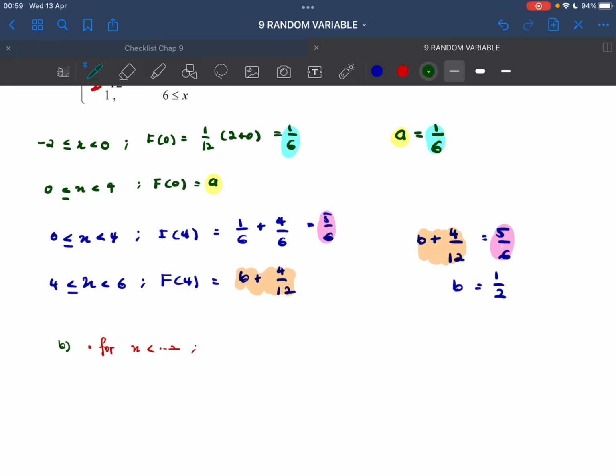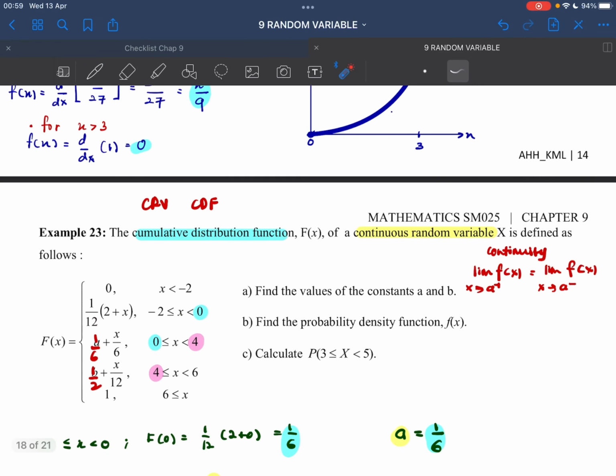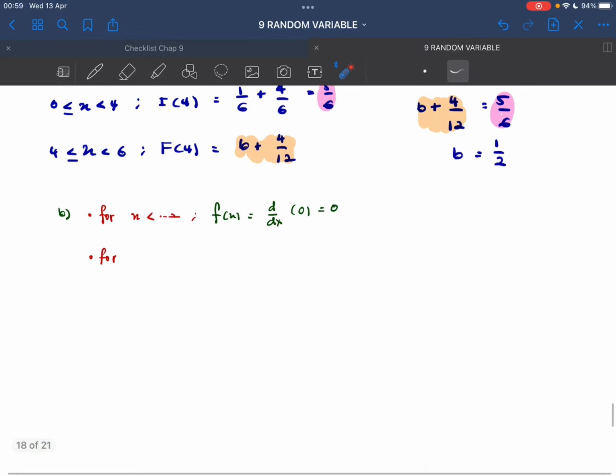So we have f(x), small f, because we are finding the PDF, differentiate the function, which is 0. Differentiate 0, we'll still get 0. The next range here is -2 to 0, so x is between -2 and 0.